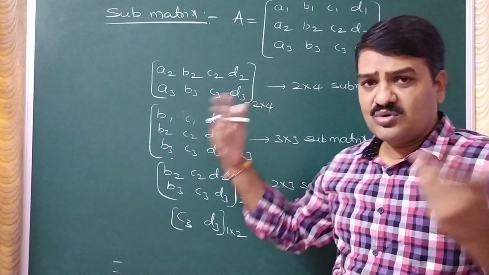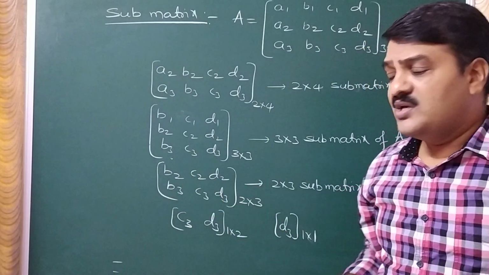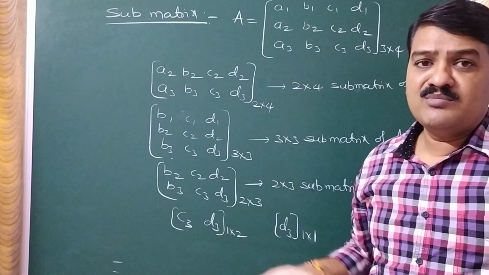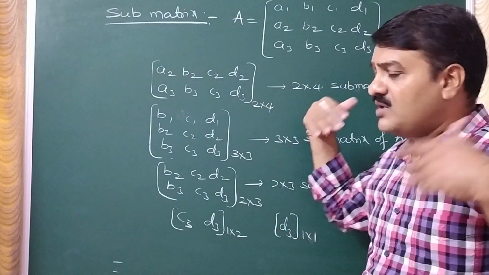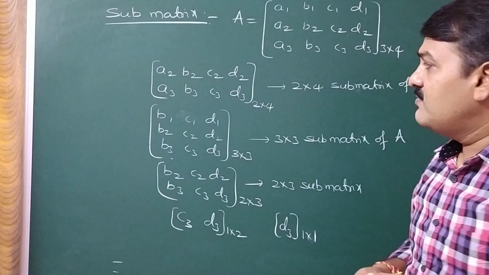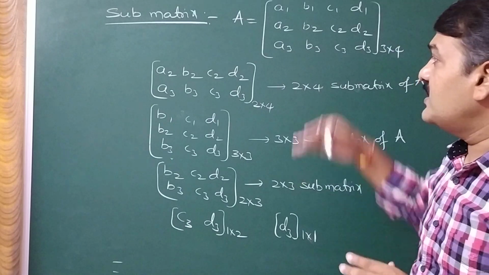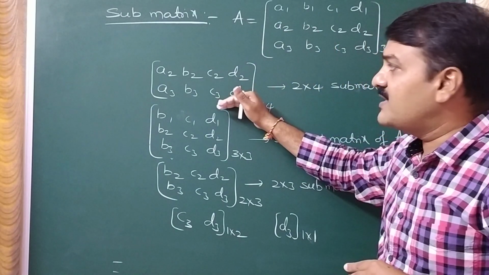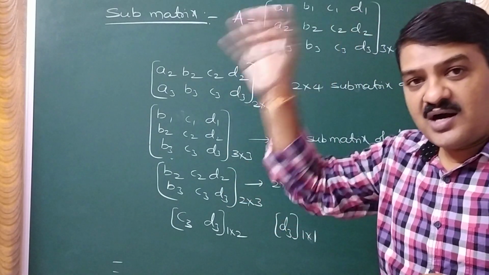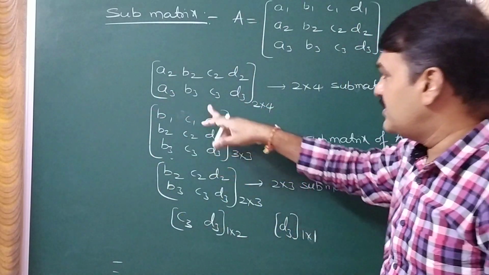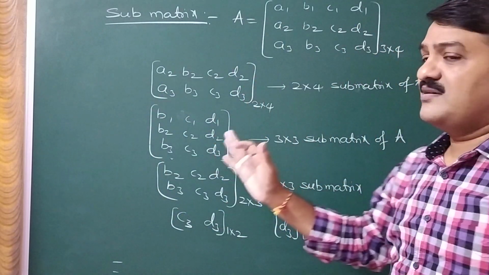We can remove rows, columns, or both, whatever number we want. Whatever matrix is left after removing some rows or columns or both is called a submatrix of A.